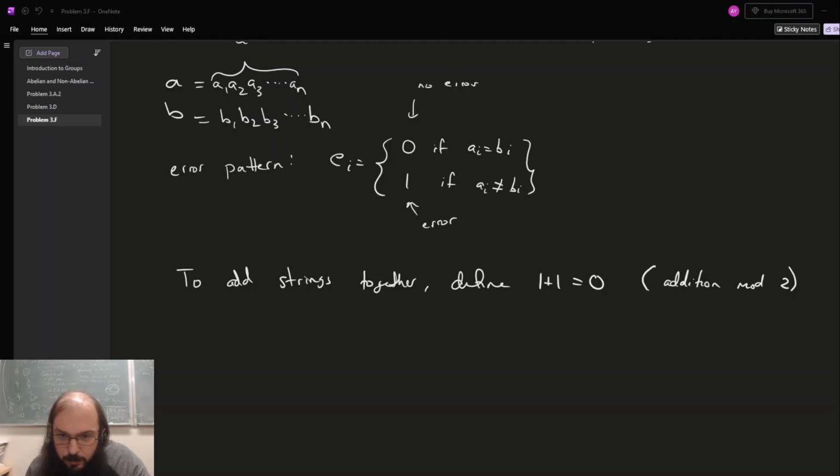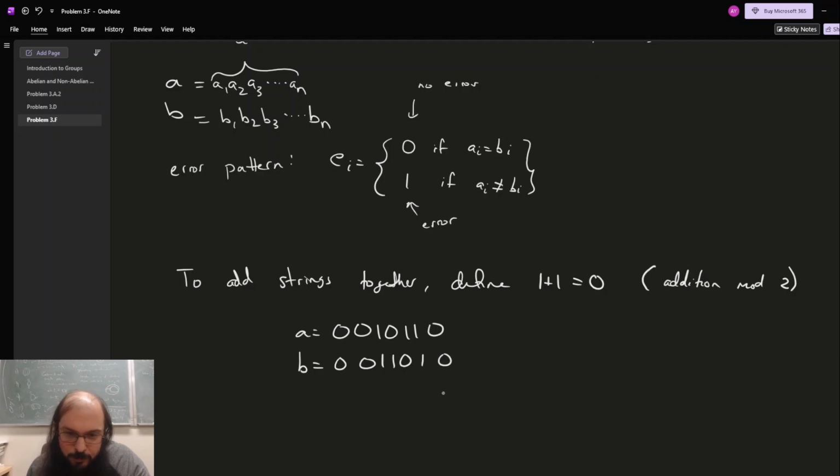So for example, let's make up two strings here. How about A equals 0, 0, 1, 0, 1, 1, 0. And then for B, 0, 0, 1, 1, 0, 1, 0.